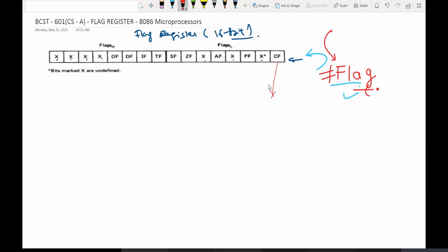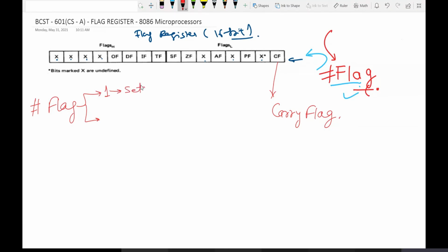CF. Are you all getting it? CF stands for carry flag. Before we start with the flags, there are a few terms we use with flags. When a flag is 1, meaning there is a 1 in that bit of this register, the flag is called set.